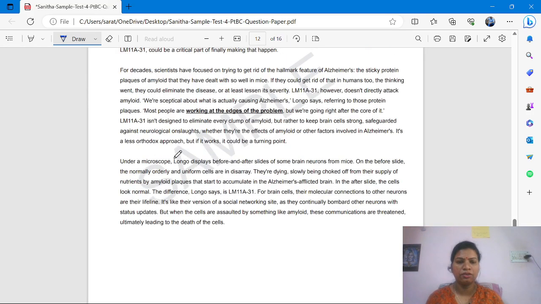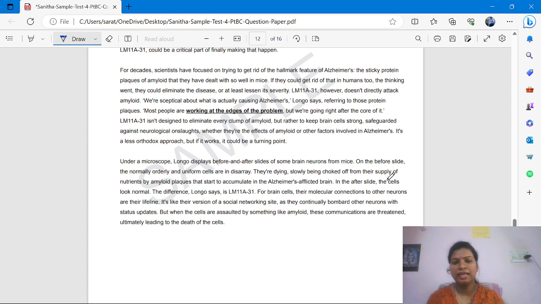Under a microscope, Longo displays before and after slides of some brain neurons from mice. On the before slide, the normally orderly and uniform cells are in disarray. They are dying, slowly being choked off from their supply of nutrients by amyloid plaques that start to accumulate in the Alzheimer's afflicted brain.